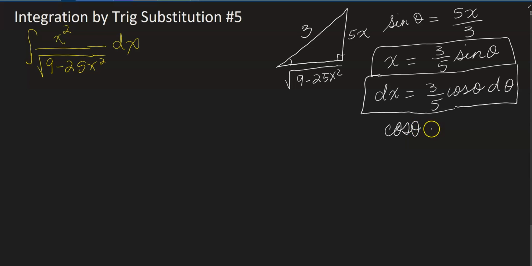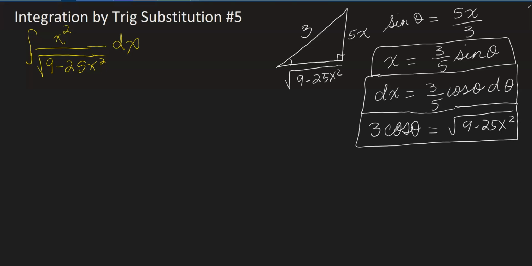Cosine of theta is equal to adjacent over hypotenuse. So that would be the square root of 9 minus 25x squared divided by 3, but I'm going to go ahead and multiply 3 up here. So 3 cosine theta is the square root of 9 minus 25x squared. Those are all the things that we need for our substitution.